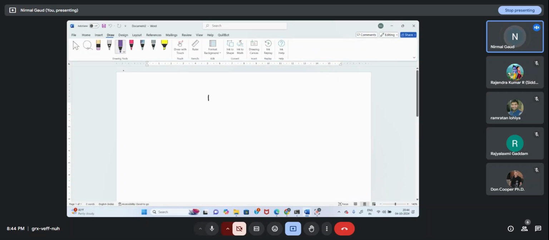We have X and Y. X is the training feature, Y is your target. So we are keeping X on this axis and Y on this axis. We are assuming a linear relationship between them.